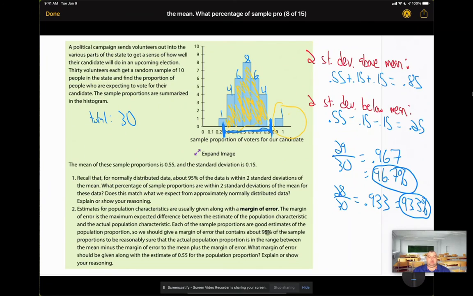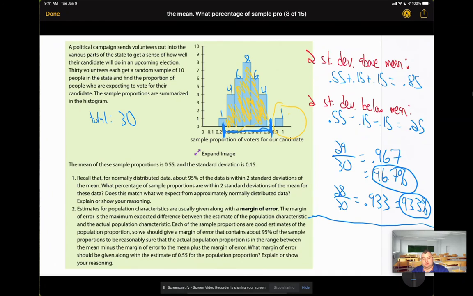Each of the sample proportions are good estimates of the population proportions, so we should give a margin of error that contains about 95% of the sample proportions to be reasonably sure that the actual population proportion is in the range between the mean minus the margin of error to the mean plus the margin of error. What margin of error should be given along with the estimate of 0.55 for this population proportion?